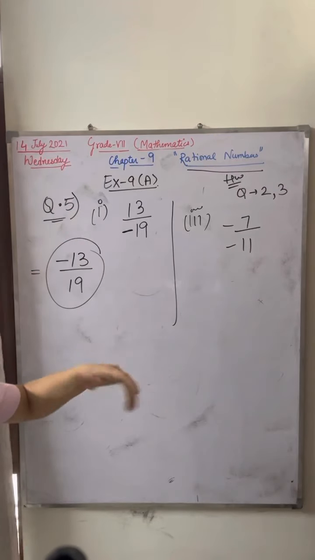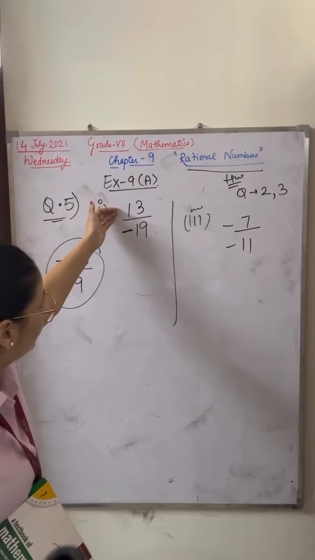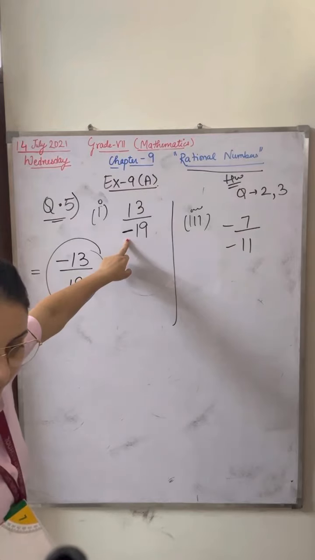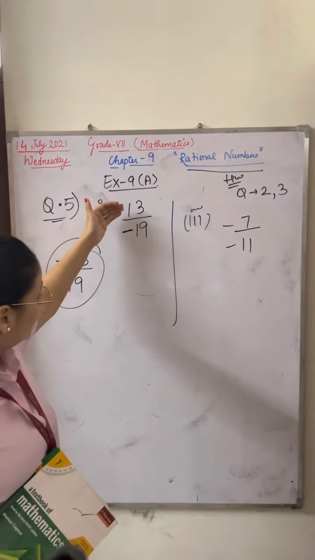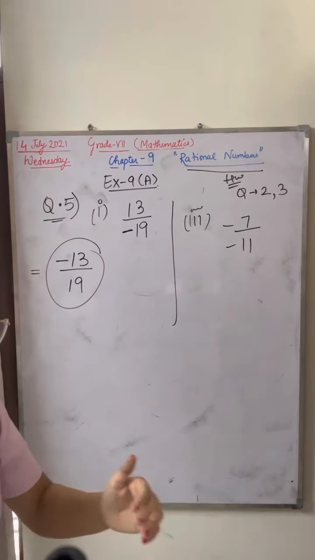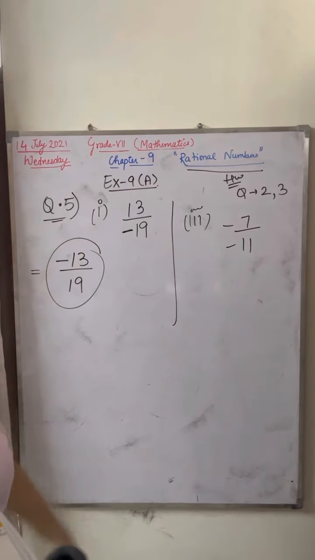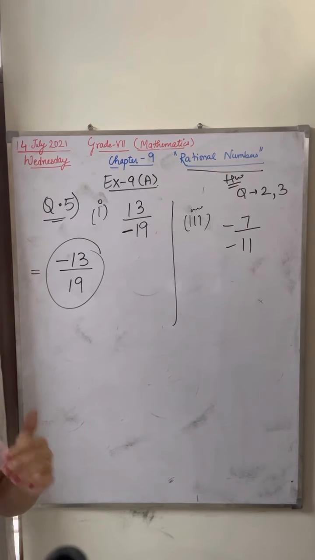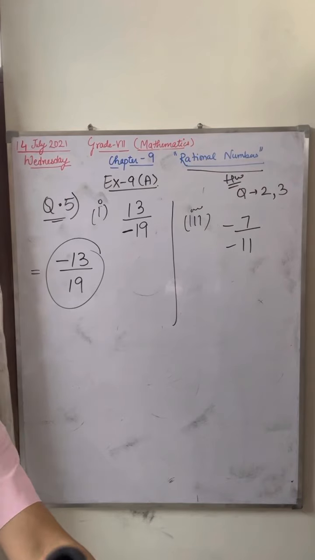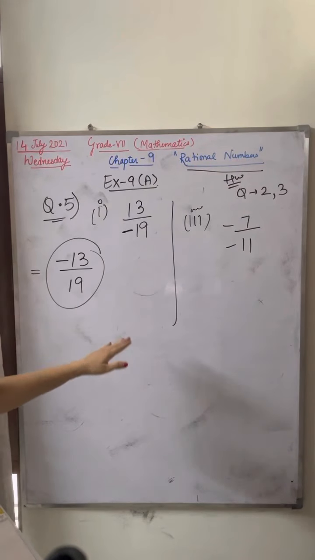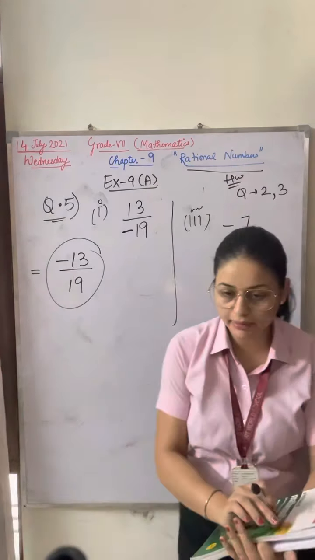If they are saying that make the numerator positive, then you can shift the minus sign to the denominator. If they are saying the denominator should be positive, then you can shift it to the numerator. Is it clear? I'm repeating once again.